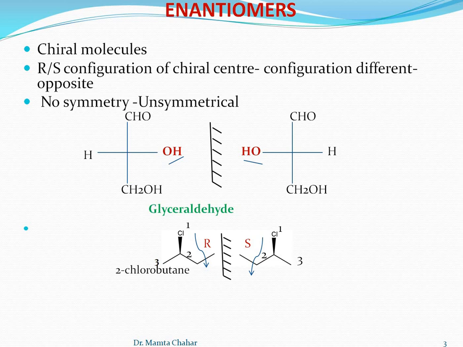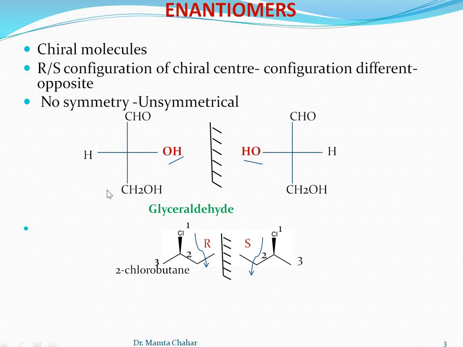Different means if one carbon has R in one molecule, then in the other molecule it will be S. These are unsymmetrical molecules having no symmetry elements like a plane of symmetry or center of symmetry.